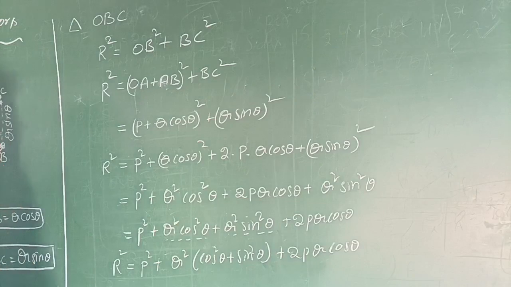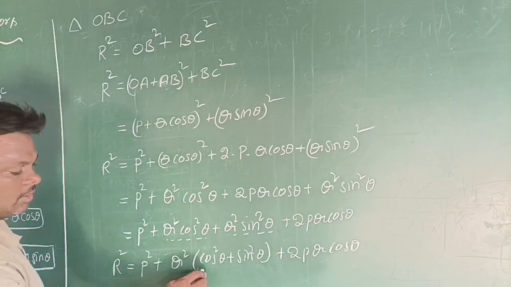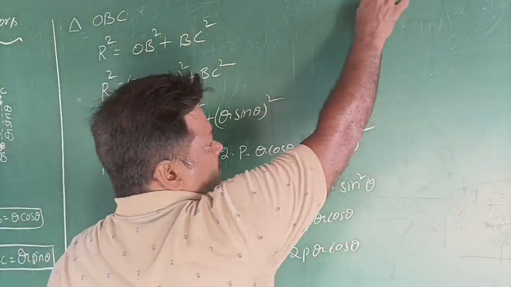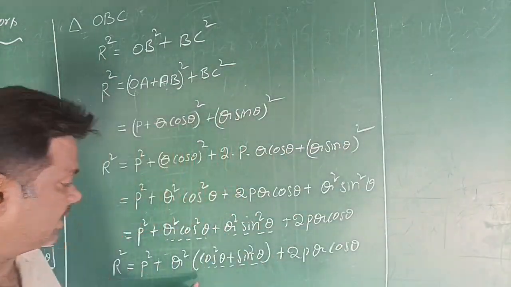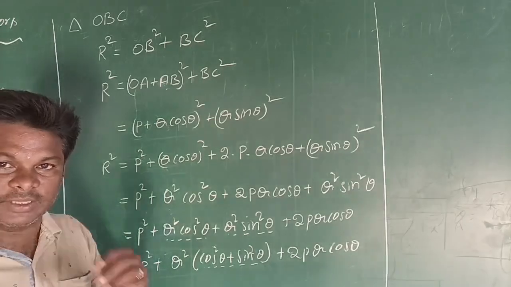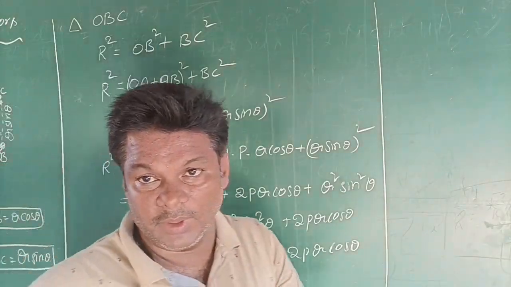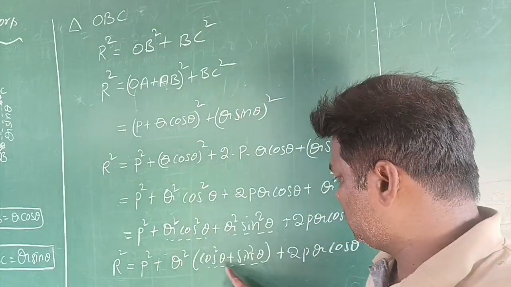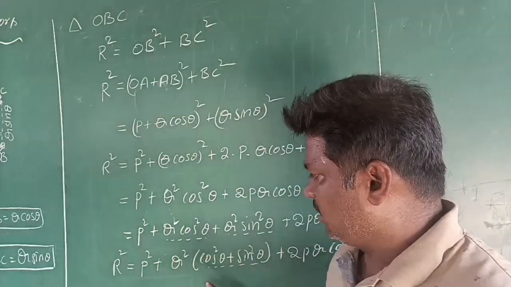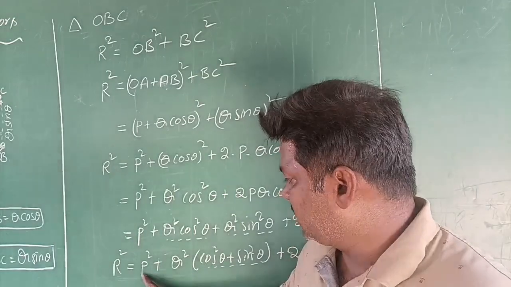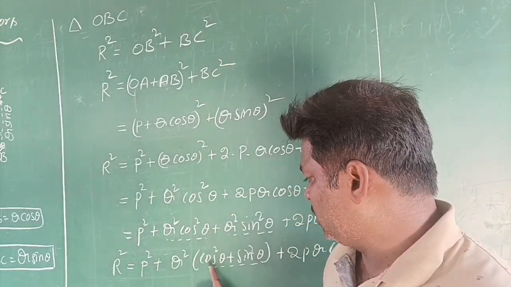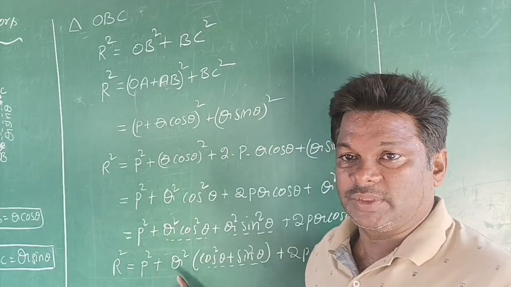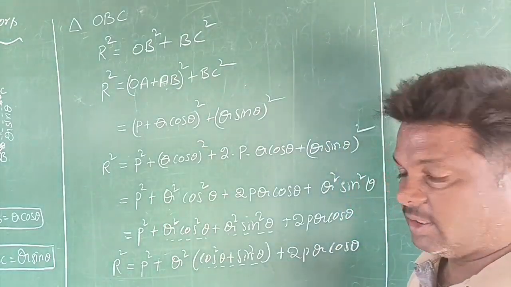I think you all know this, but a few persons don't know, so I'll tell. That is called a trigonometric identity: sin square theta plus cos square theta is equal to 1, or cos square theta plus sin square theta is equal to 1. So this whole thing will become 1. Then R square is equal to P square plus Q square into 1, always, plus 2PQ cos theta.